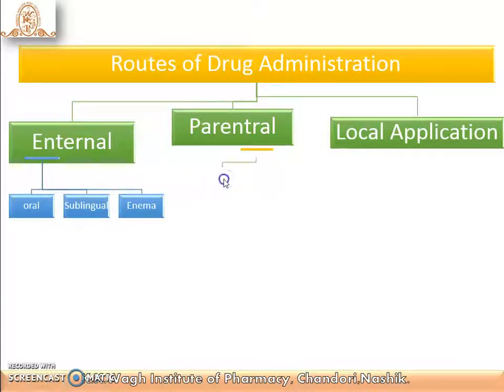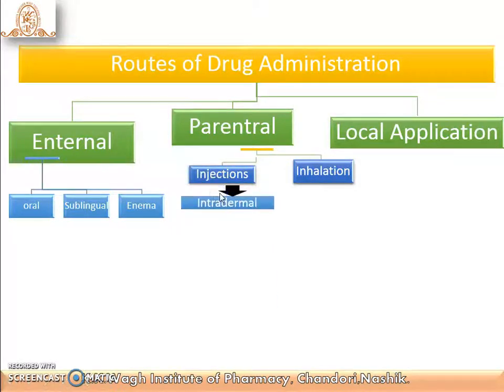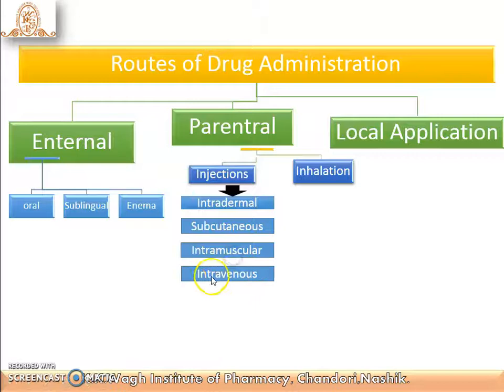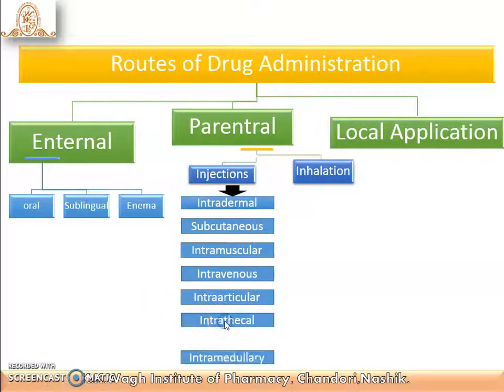The parenteral route is again divided into two parts: the first one is injections and the second one is inhalations. Injections can have various subtopics: intradermal, subcutaneous, intramuscular, intravenous, intra-articular, intrathecal, intramedullary, and so on.